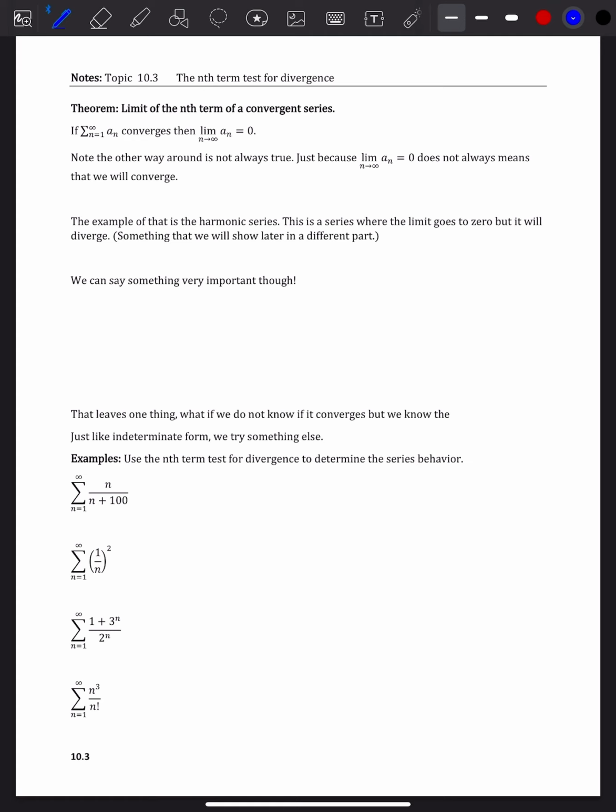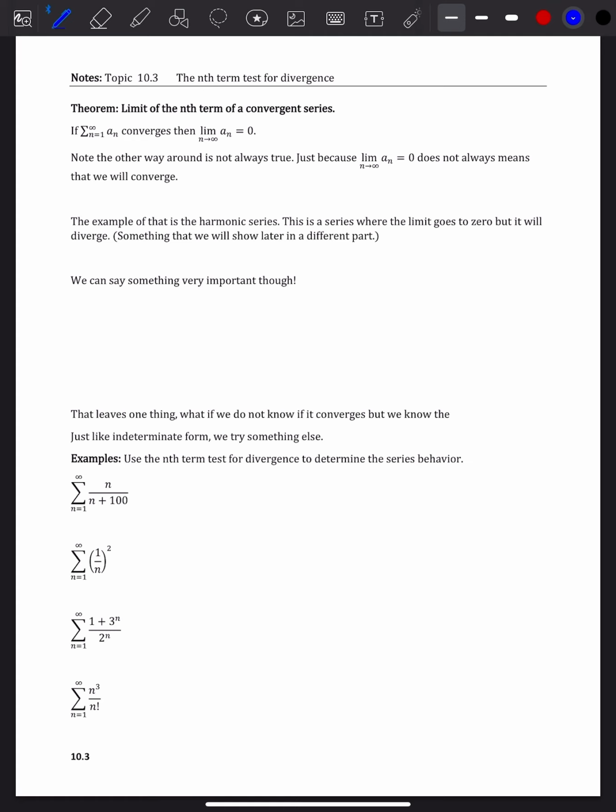If we have the summation of our sequence's terms, from n equals 1 to infinity, and it is converging, then we know the limit as n approaches infinity of the nth term of that sequence is going to end up equaling 0 as we go towards infinity.